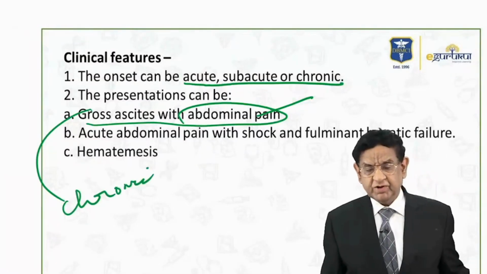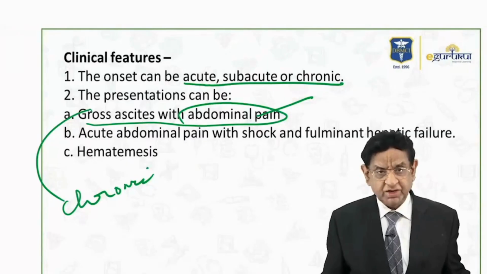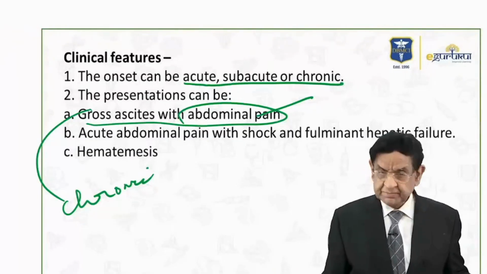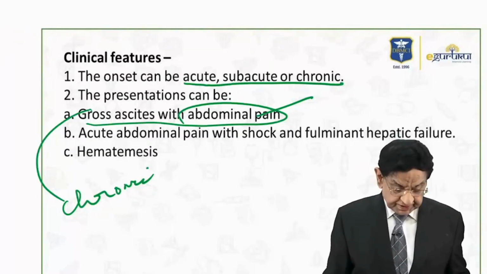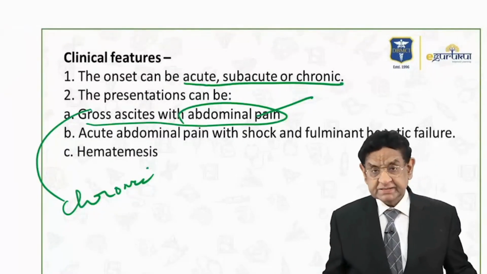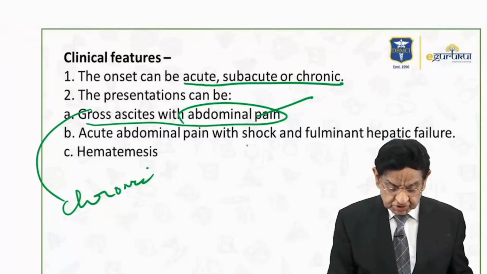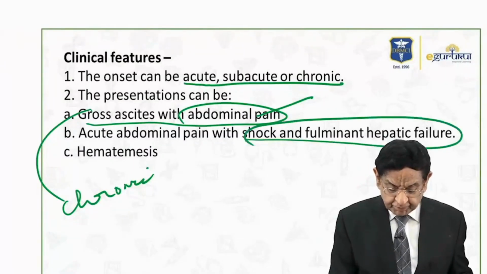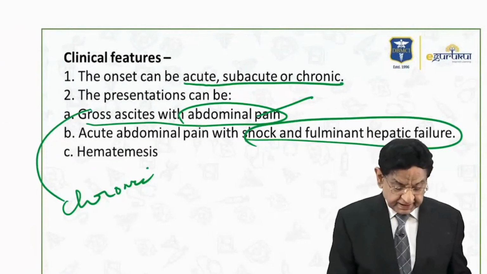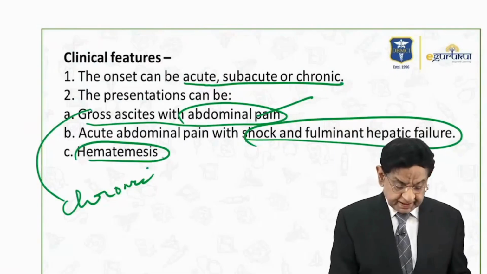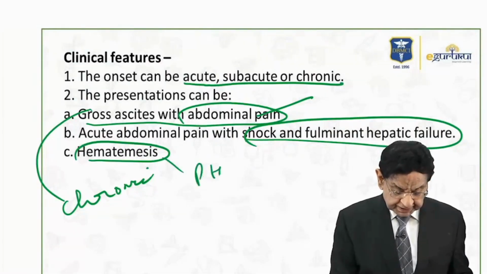It will not happen in 1 or 2 or 3 days. It may occur, but gross ascites will occur only in chronic cases. But abdominal pain is a constant feature, and especially in acute complete blockage, shock with fulminant hepatic failure. The point I discussed earlier, hemochromatosis can occur, especially in chronic cases where the patient has developed portal hypertension.